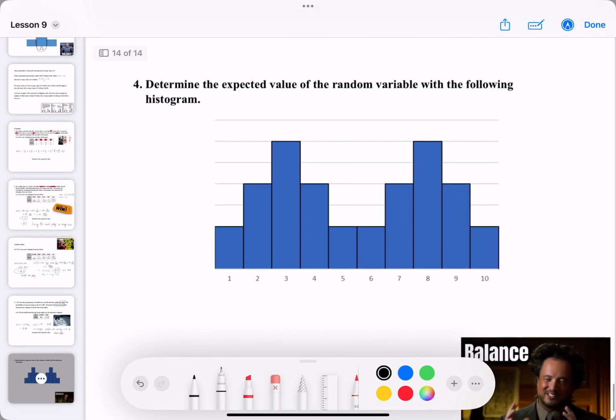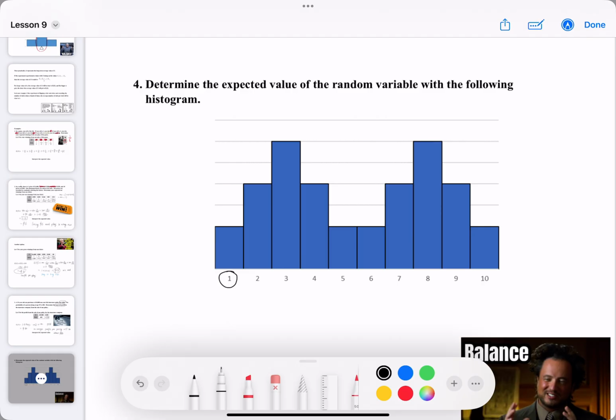Okay, determine the expected value of the random variable with the following histogram. If we have a table, I know how to find the expected value: we use the random variables multiplied by the probabilities.